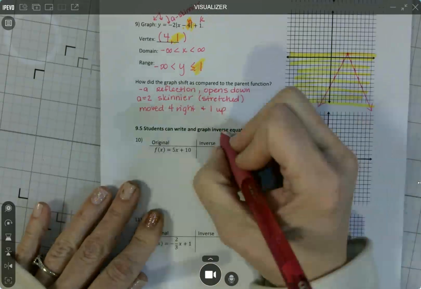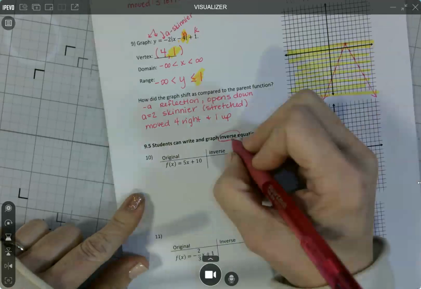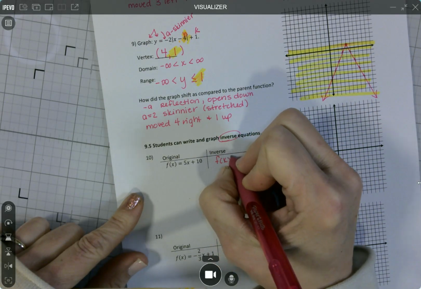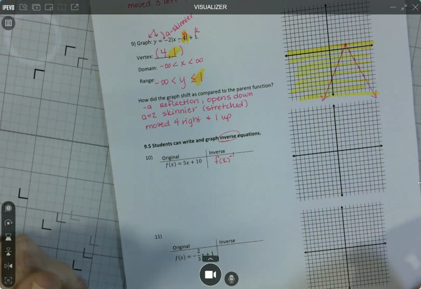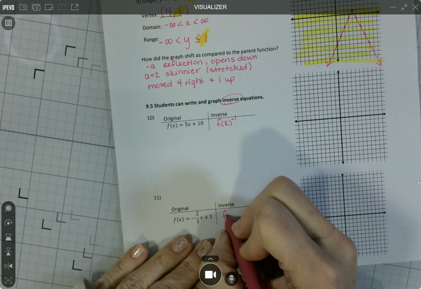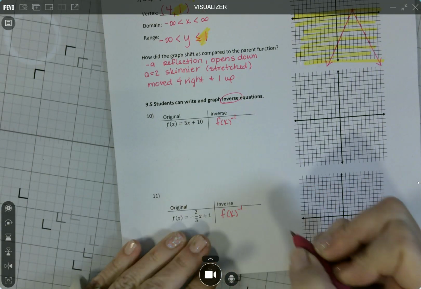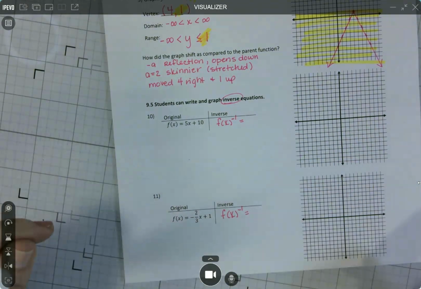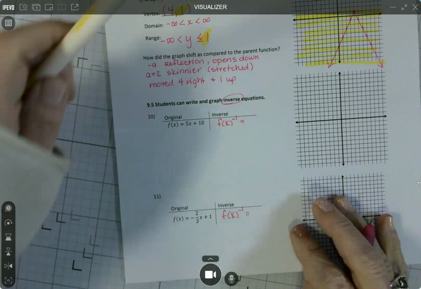Okay, and now we're going to talk about inverse. So the inverse is our f, and it looks like that, all right? The inverse of f of x. Okay, so the inverse function. All right, so here's what we're going to do.